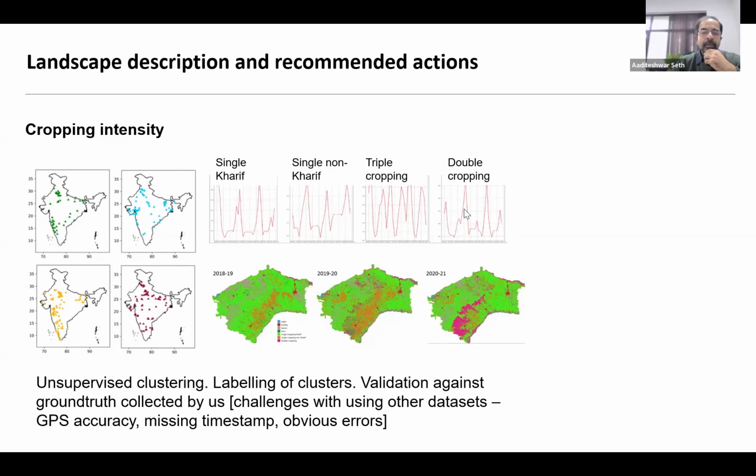Double cropping is where you plant something in Kharif and something else in Rabi. This is like a typical paddy-wheat system: during monsoon you plant paddy, during Rabi you plant wheat. Or maize and pulses in the second season. Double and triple cropping normally happen if you have access to irrigation. Here it is mostly rain fed.